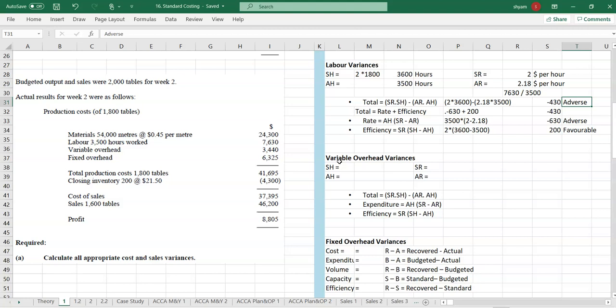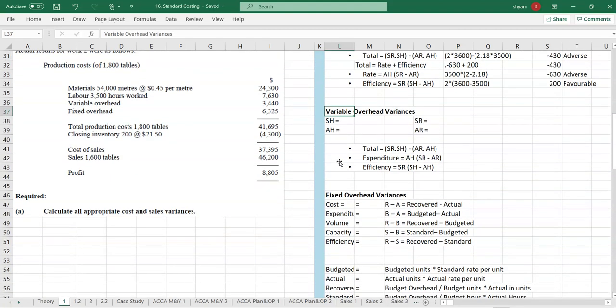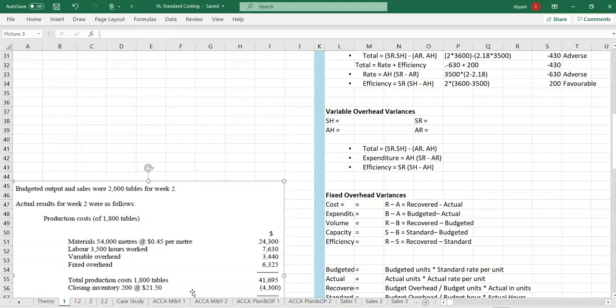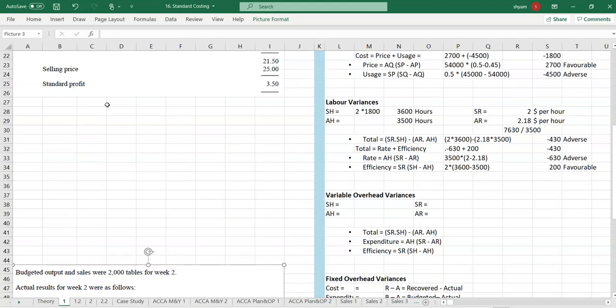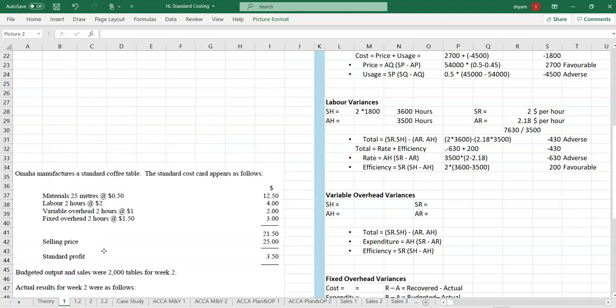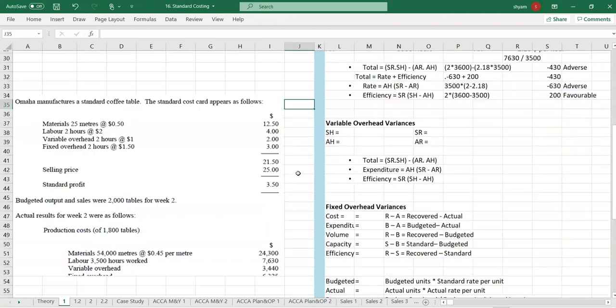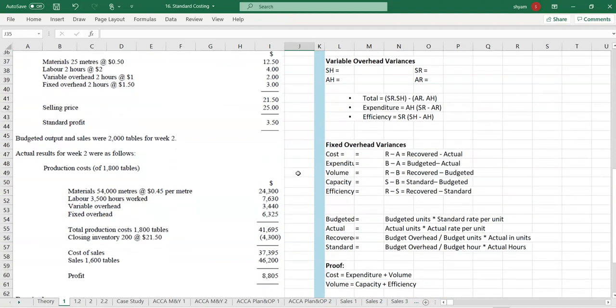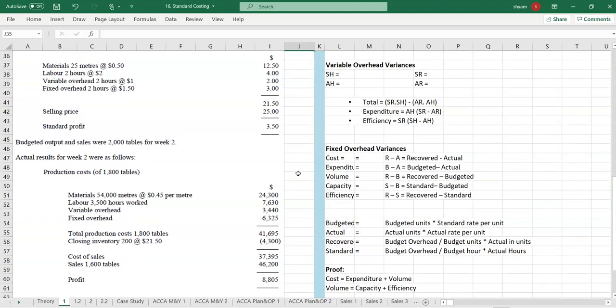Now we'll move on to the variable overhead variance. Variable overhead variance is quite easy to compute because only the value will change.